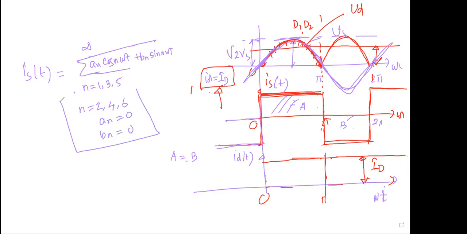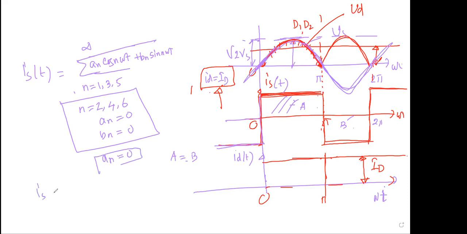Do you know it? If you get any waveform that is symmetrical over the x-axis, then the even harmonics, n equal to 2, 4, 6, 8, 10, you will not get. Do you know it or not? Yes, sir. So you will only get odd harmonics.